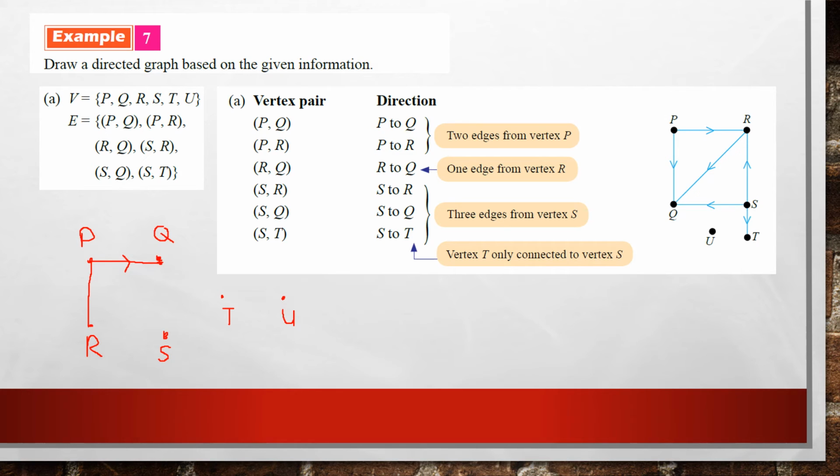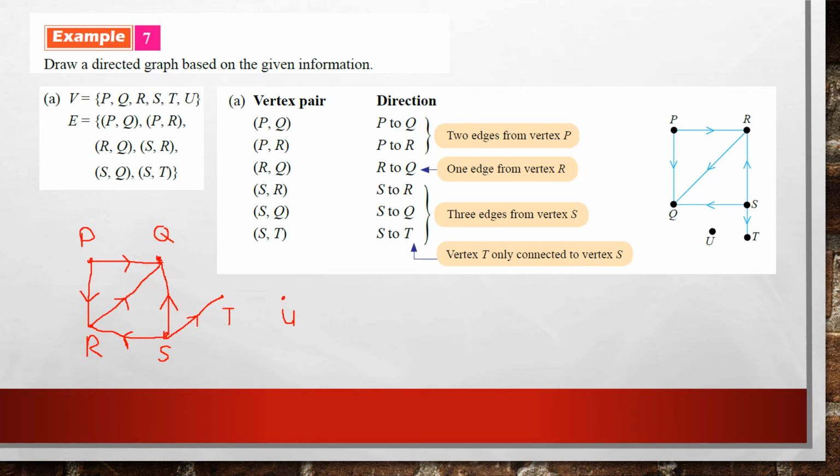Next, PR. Please use a ruler to draw PR. Next, RQ, R to Q. Then SR. Please use a ruler. SR, SQ, ST. So in this case, U is not connected.